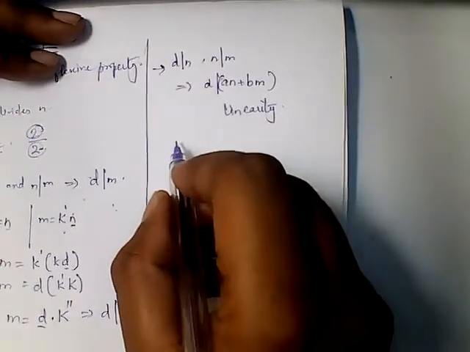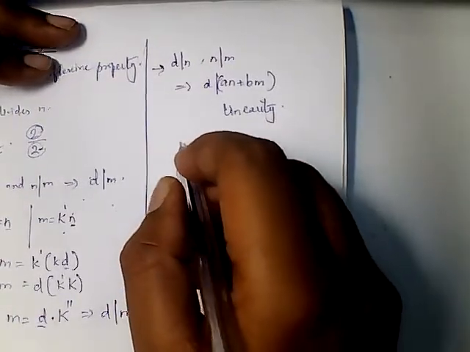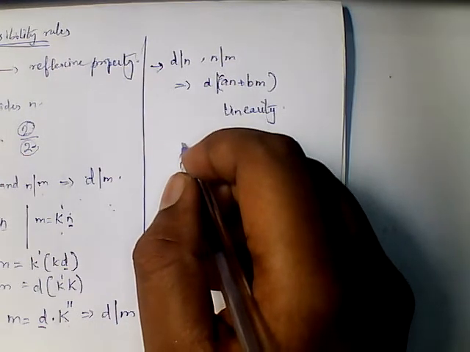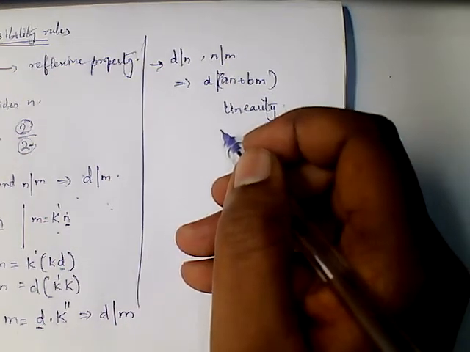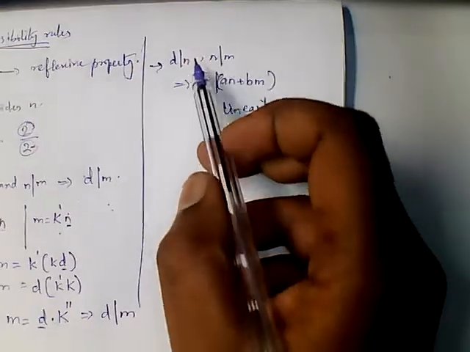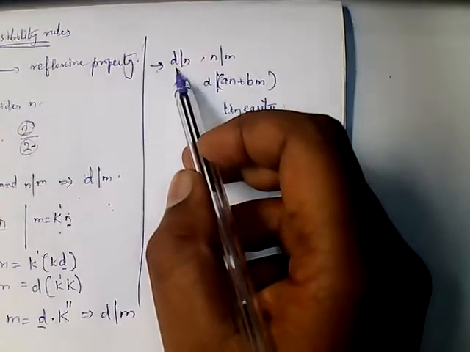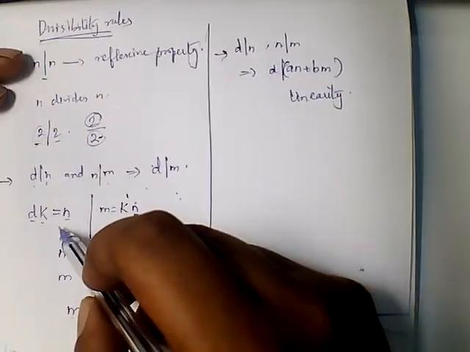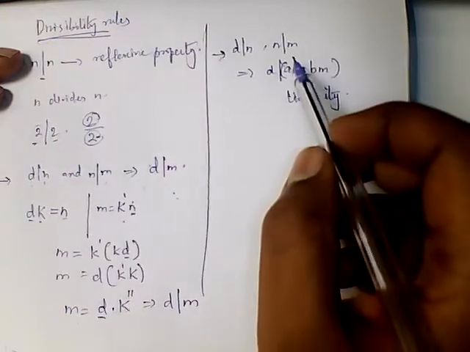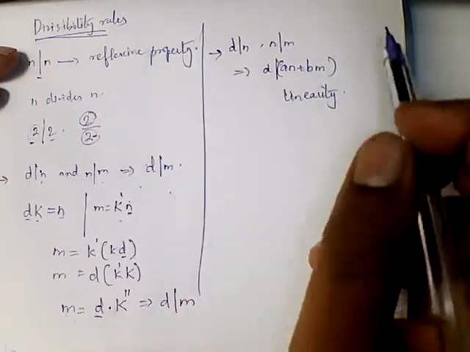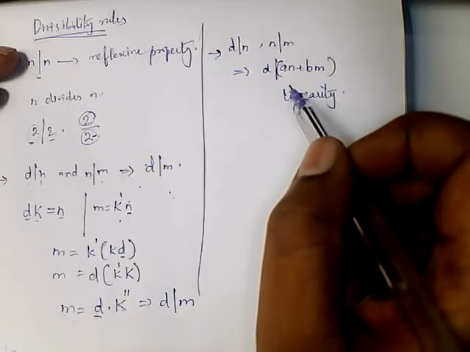We can prove this also. Take the values as I did earlier with d divides n, and take some value for n divides m.